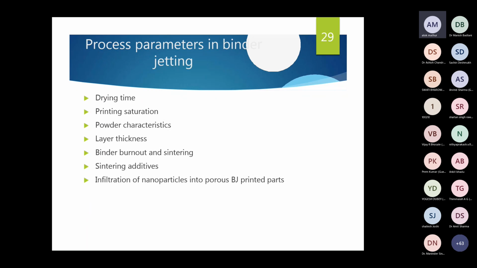Now what are the process parameters in binder jetting? One is the drying time, printing saturation, powder correction, layer thickness, binder burnout and sintering, sintering additives, infiltration of nanoparticles.